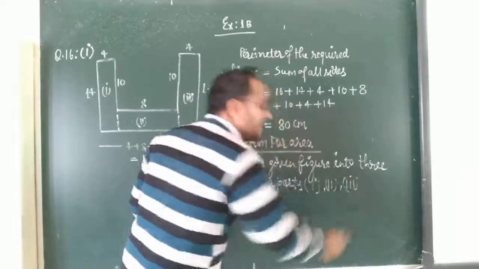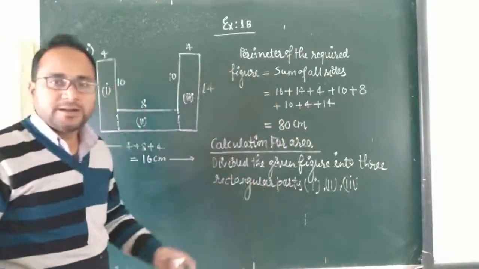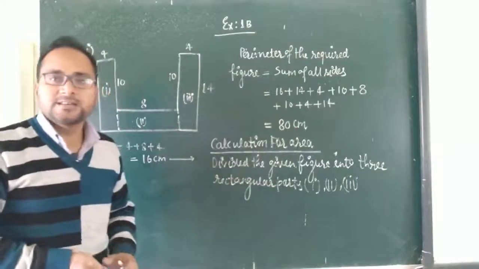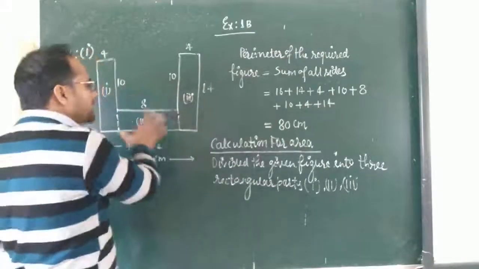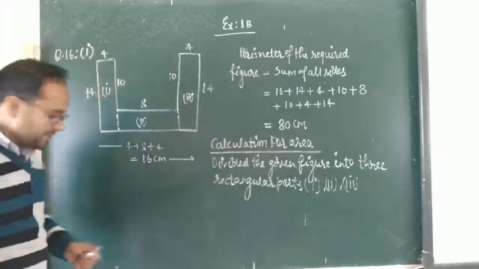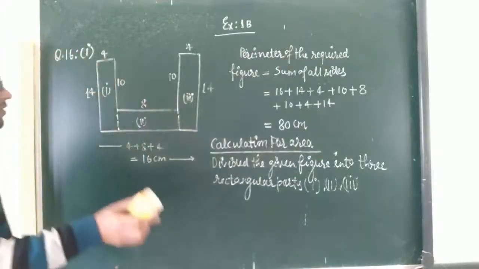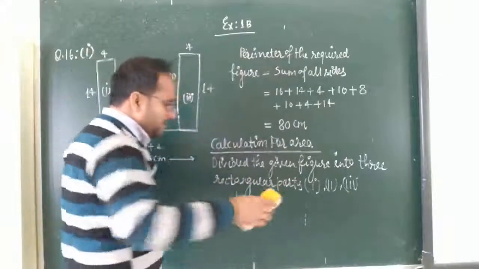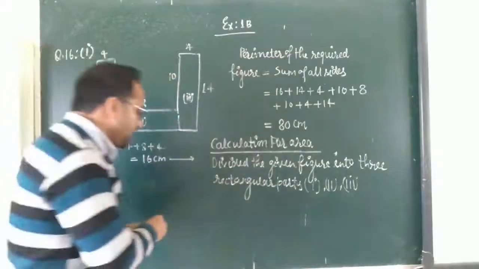If we find out the area of this first, second and third part and add all those areas, then we get the required area of this given figure. So one by one I am going to do that calculation.